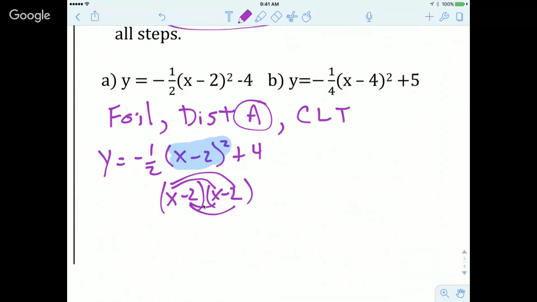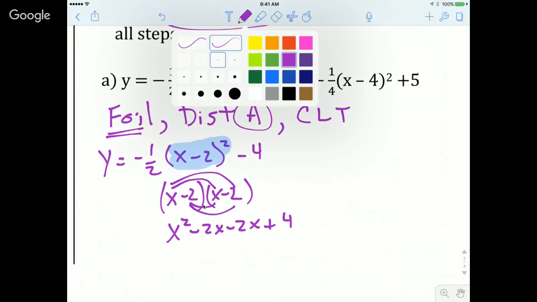It's -4, not +4. Excellent, thank you. So I didn't end up with the wrong answer. x squared minus 2x minus 2x plus 4. Okay, after you FOIL, and then there's a -4.